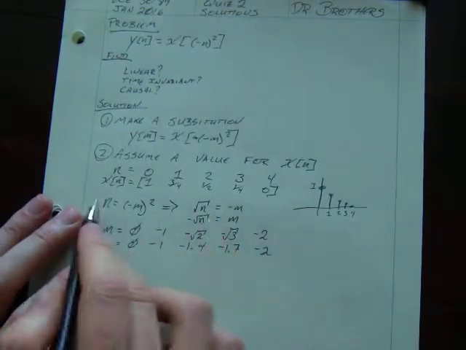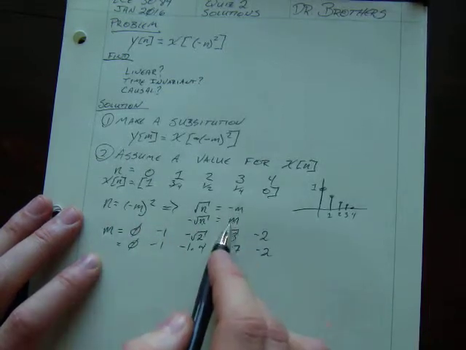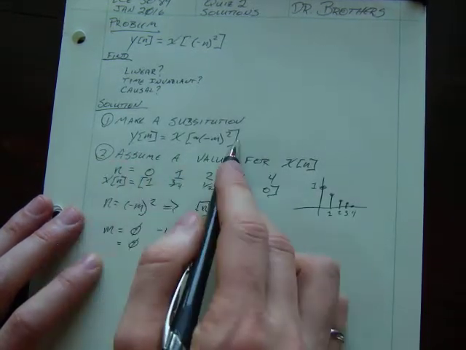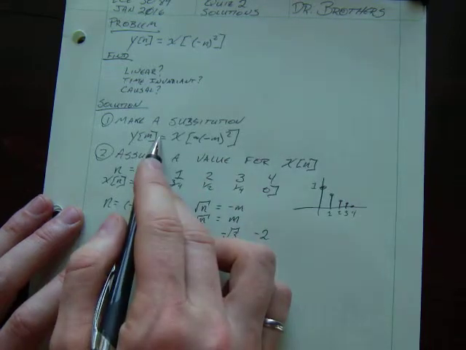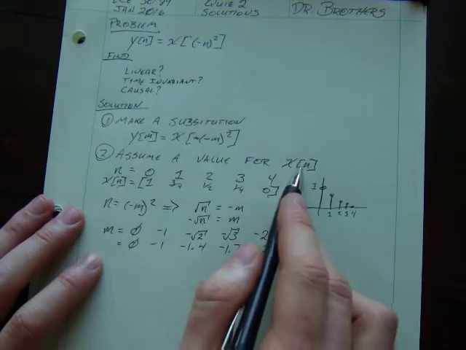So the step that we missed, the two main things that I missed this morning in lecture, we needed to make a variable substitution so that we can keep this n separated from this n.